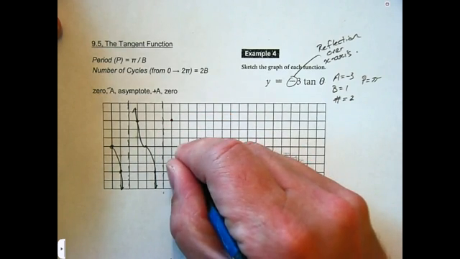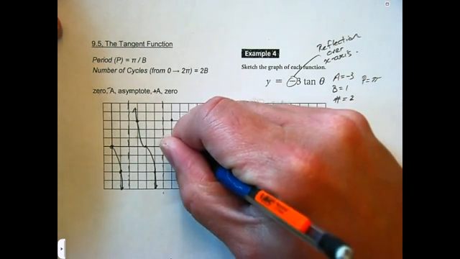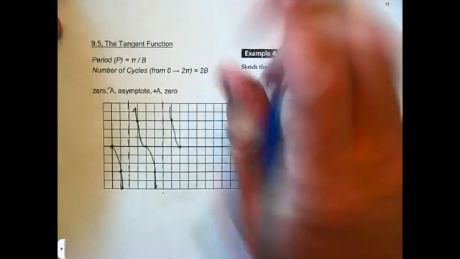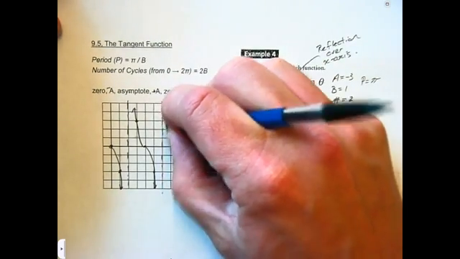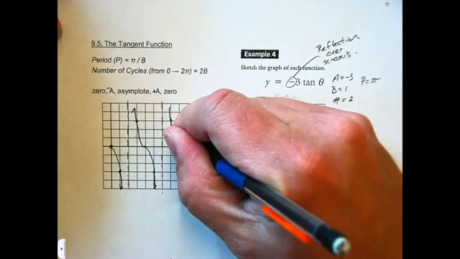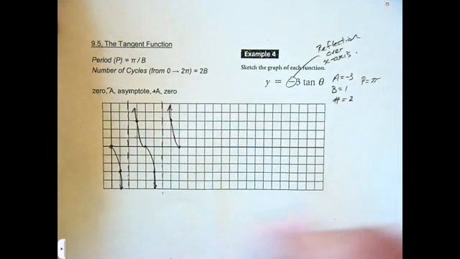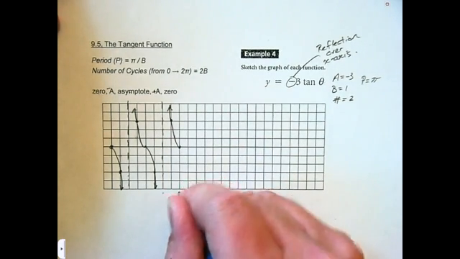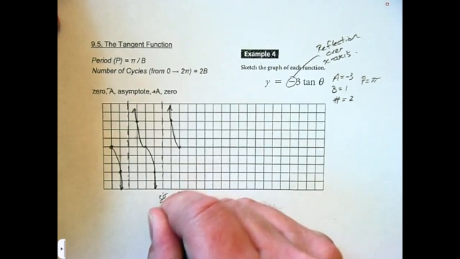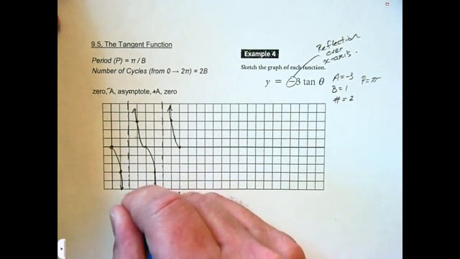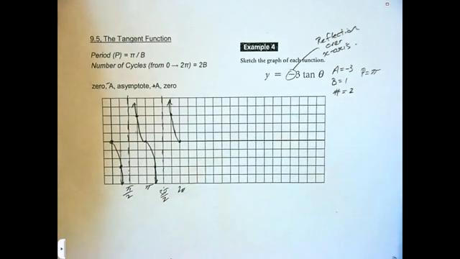As you're graphing it, the pattern you go through and the number of cycles you see are the same. Please take time to actually make the curves look accurate on these. This is 2 pi, 3 pi over 2, pi, and pi over 2. So very similar in terms of your zeros and asymptotes.